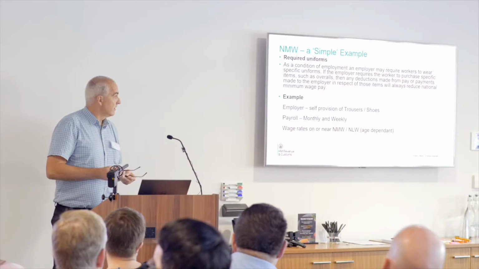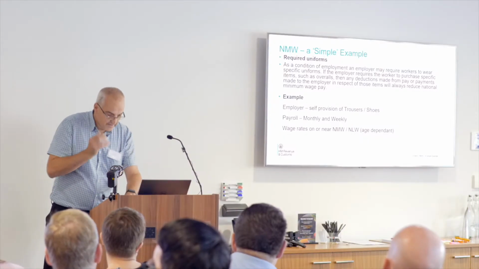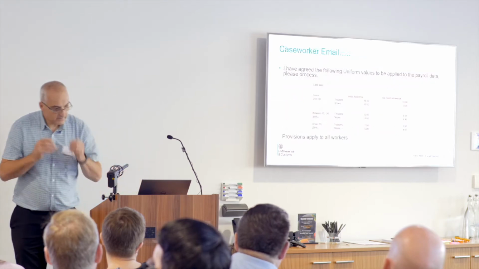And the wage rates, I probably all know, they are all age dependent. So depending on how old you are, depends on what minimum wage or living wage, if you're over 25, that you get or that you're entitled to. Okay, so they're the basic rules around it.